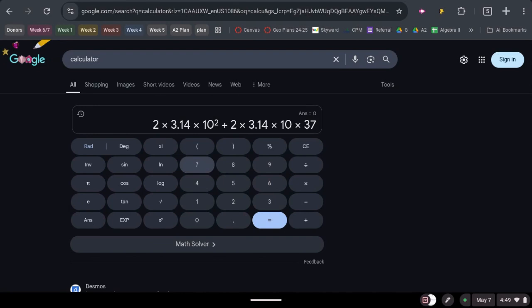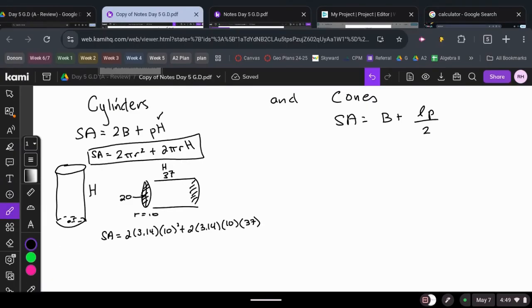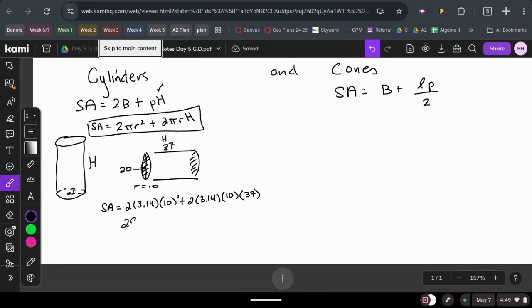So 2 pi r squared plus 2 pi r h. We get 2,951.6. And I didn't give any units, so I'm just going to do units squared.